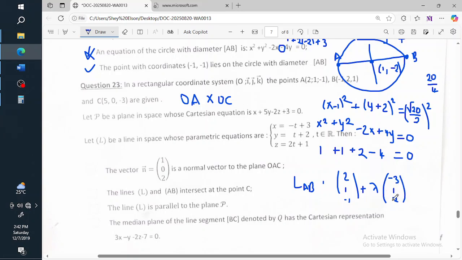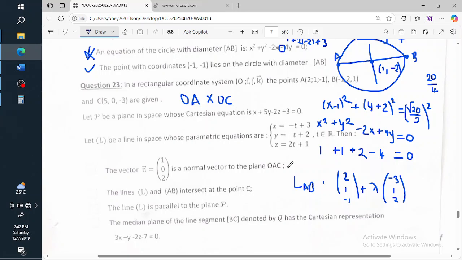Is it okay? Then from there, verify the points of intersection. Actually, there's no need to verify the points of intersection. If the point of intersection is C, equate x, y, and z to (5, 0, -3) and find the value of t.